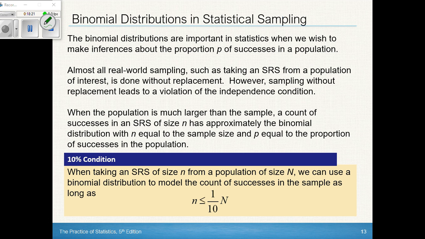Basically, I can use the binomial distribution as long as I've sampled less than 10% of the population. My sample size, little n, needs to be less than or equal to 1/10 of the population size, big N. Now, if I'm trying to take a sample of, say, Americans, there's no way I'm going to take 10%. I'm good to go to use the binomial distribution.